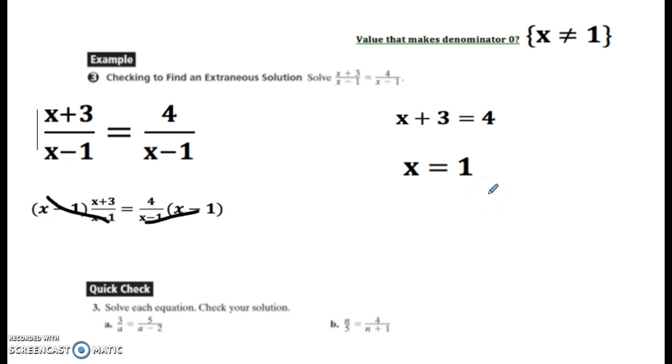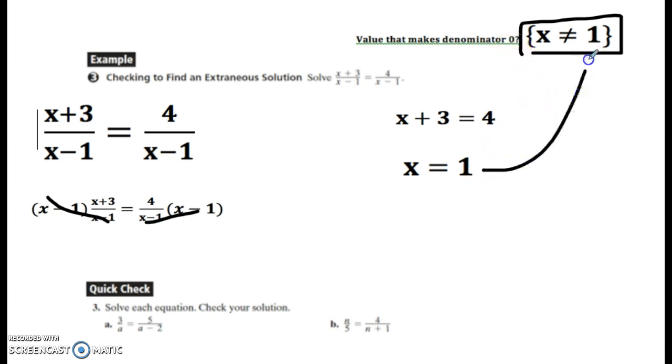Now, we have to go back to our original problem and ask ourselves, what value makes the denominator 0? If you look at this, if we had a 1 here, 1 minus 1 gives us 0. So therefore, x cannot equal 1.